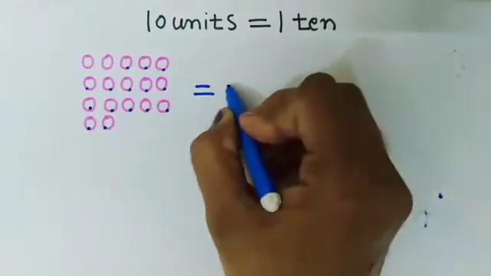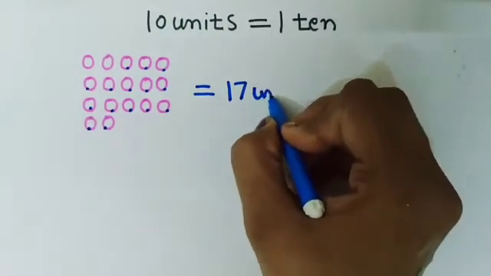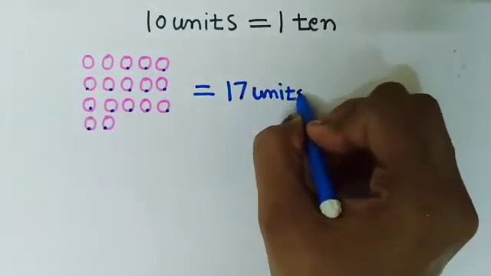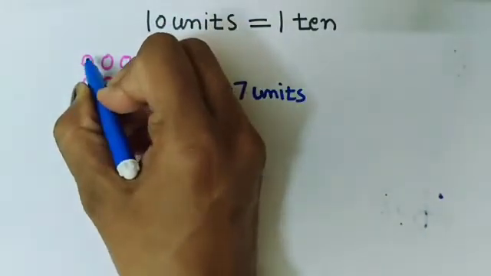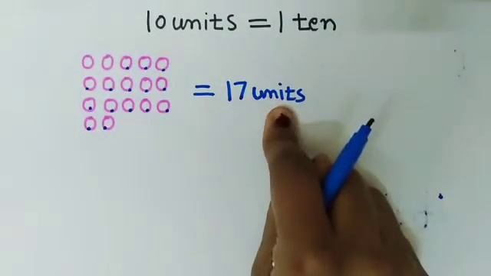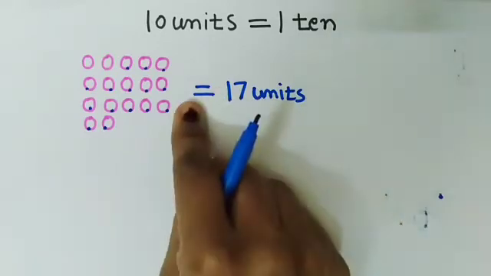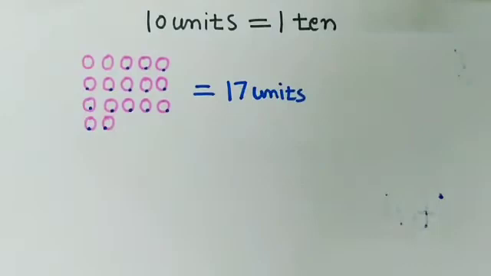These beads are 17, so we will write 17 units, because one bead means 1 unit. Now we will find out how many tens we have in 17 units.